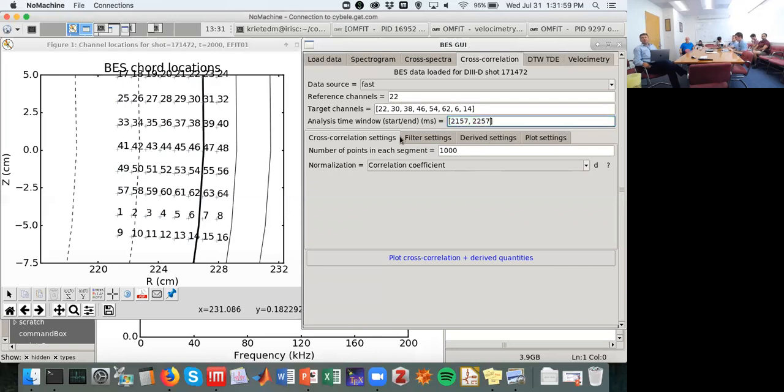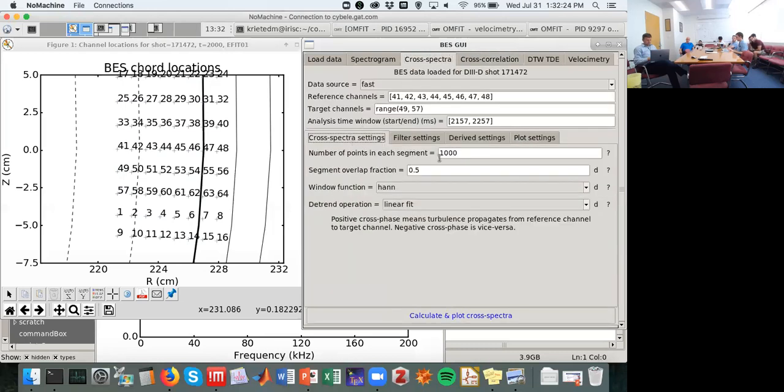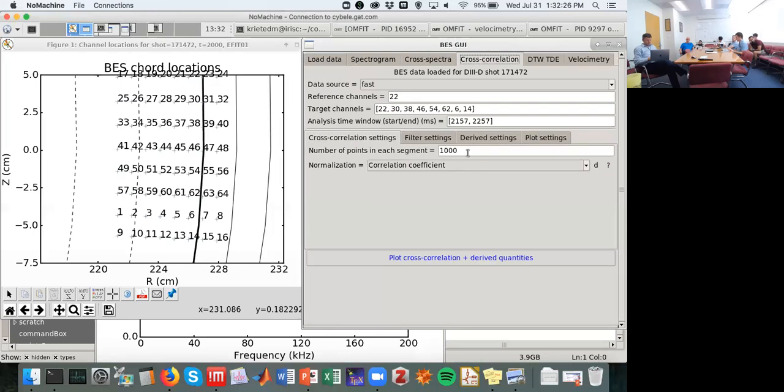And then again, you have a bunch of subsettings that are specific to this cross correlation analysis. Similar to the way cross spectra are done, cross correlations are calculated by splitting the data up into chunks, calculating the cross correlation function for each chunk of data, and then averaging them all together. So the points per segment value for the cross correlation is the same as the setting for cross spectra.